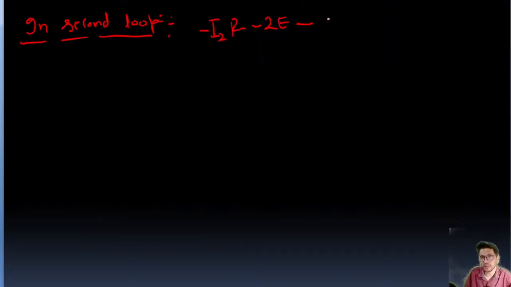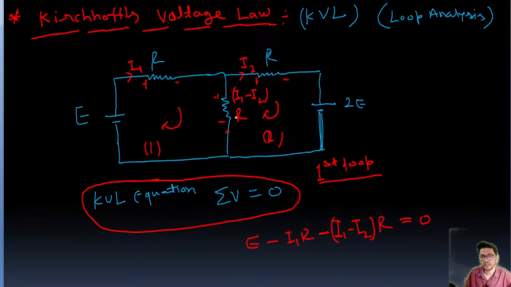So this is minus (I2 minus I1)R equal to 0. This is how we use this KVL, guys. For this first loop, you can see E minus I1R minus (I1 minus I2)R in this direction when we are coming.